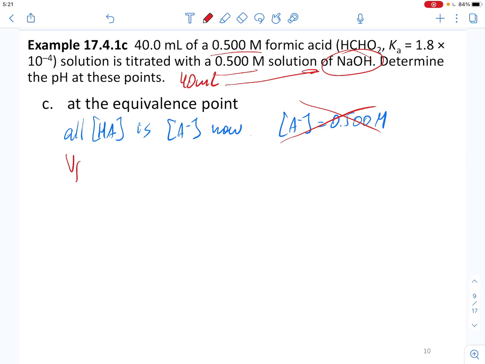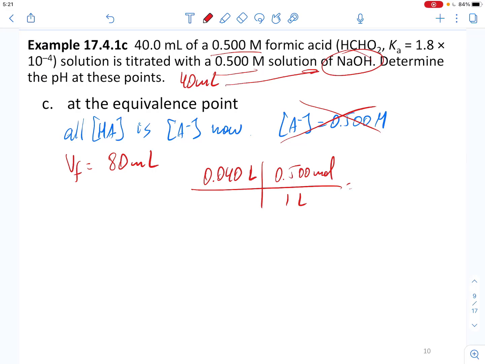So your final volume here is actually 80 milliliters, but you need to calculate how many moles of formic acid you had to begin with. Initially you had 0.040 liters of the acid times 0.5 moles per liter.